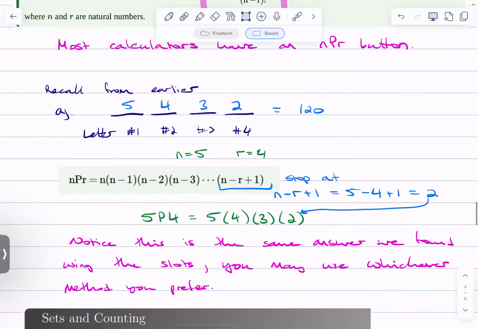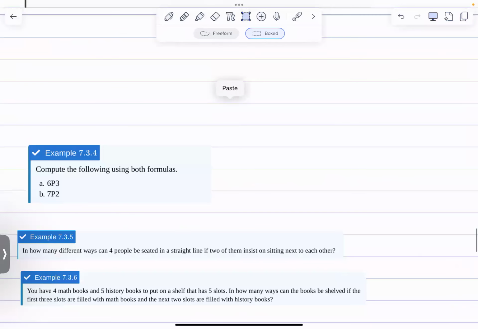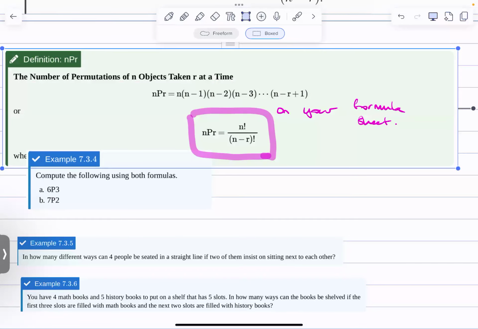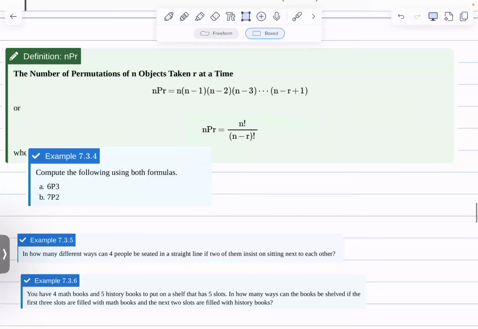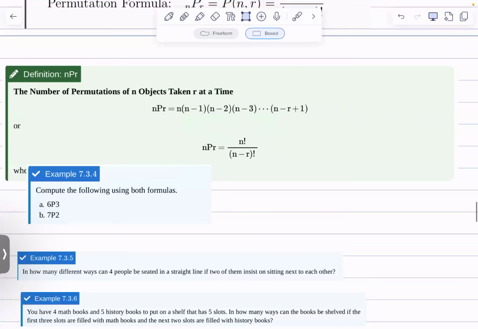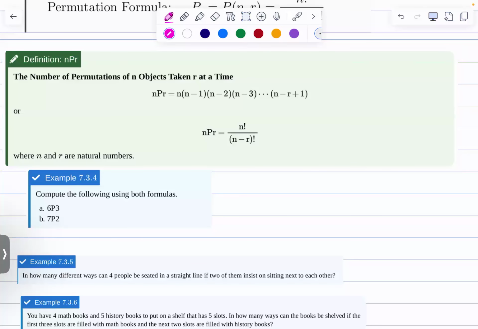Copy. It's because it says compute using both formulas, so I guess I should have them on here. Let me just clean this up. So this is formula 1, formula 2.